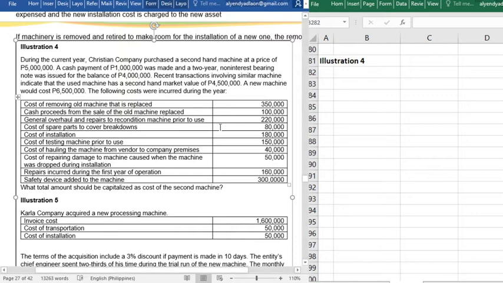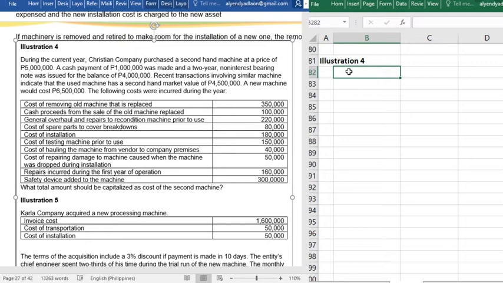So what costs are we gonna add? Okay? Now take note class, for the cost of the machine, if you remember, the price that is to be recorded when we acquire the PPE is at its fair value.